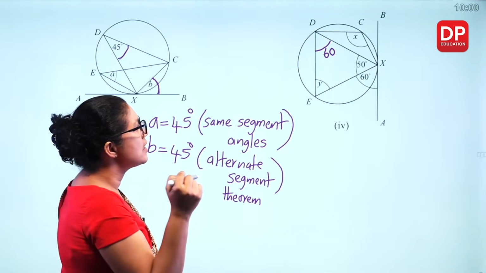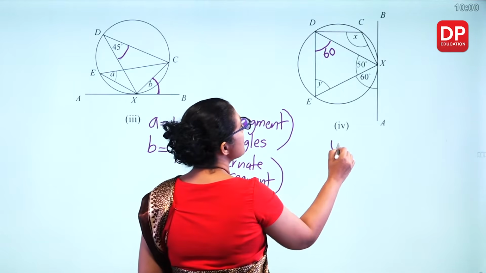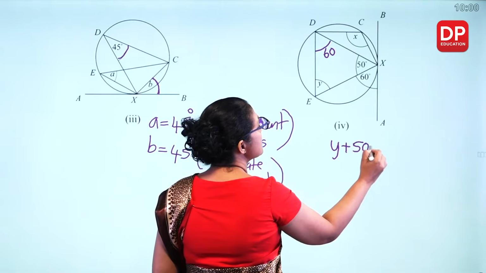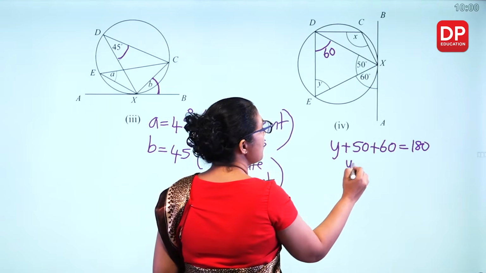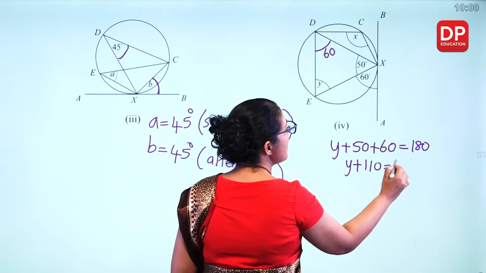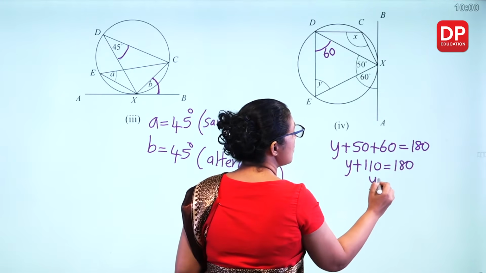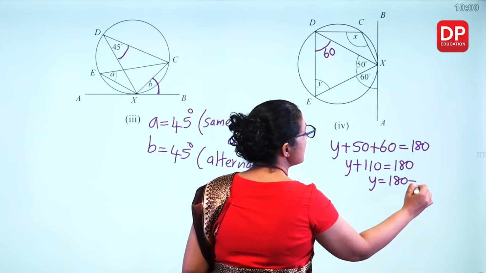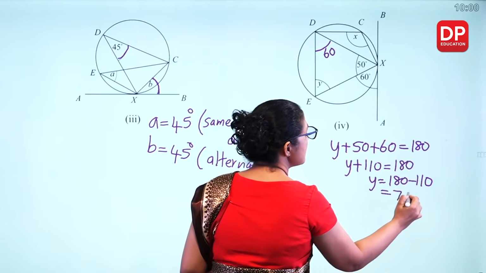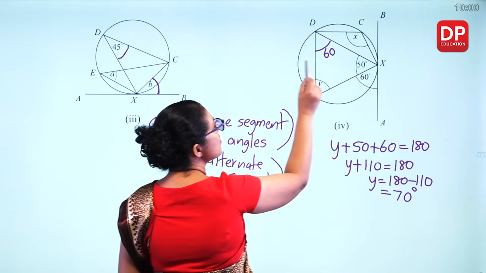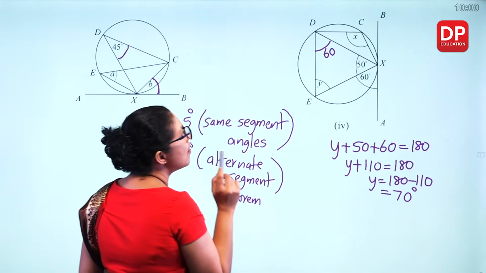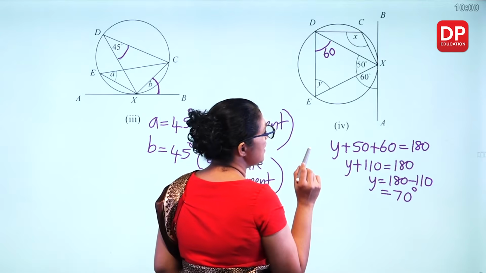We can use Y plus 50 plus 60 is 180. So Y plus 110 equals 180. Subtract 110, you get Y equals 70. So this is because of alternate segment theorem.